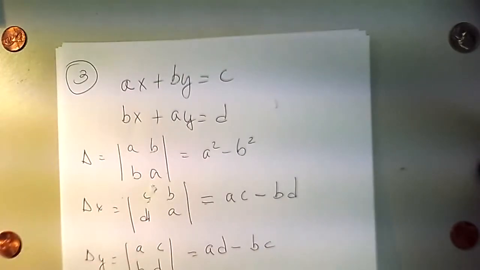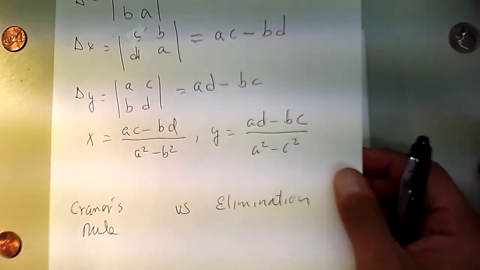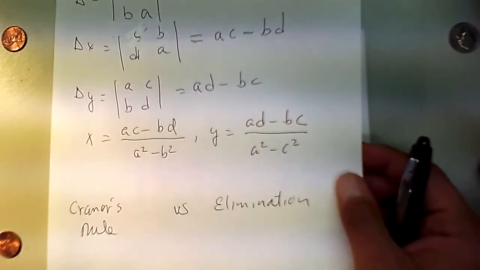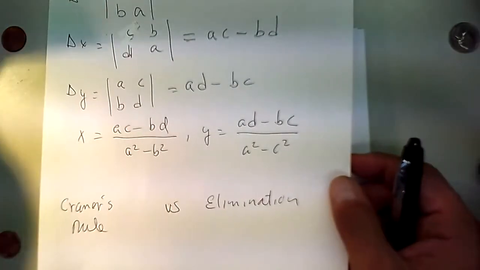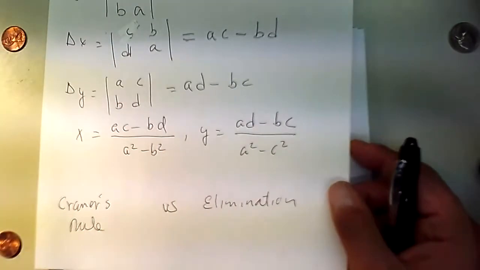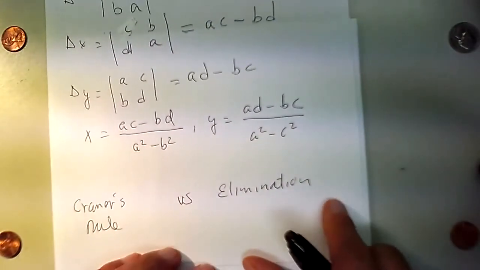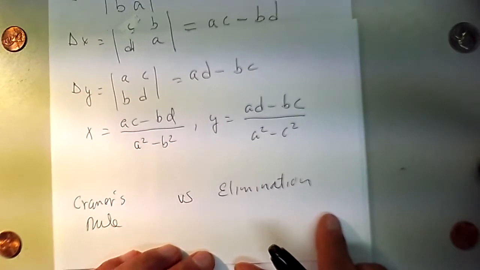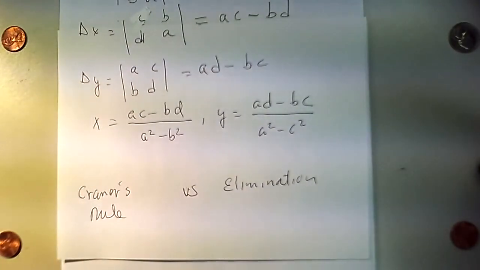So the next application about Cramer's rule, I don't want to dwell on why Cramer's rule works. It just does. If you read some books, they're going to tell you why, and the reasons are good, but sometimes reasons are overemphasized or overvalued.